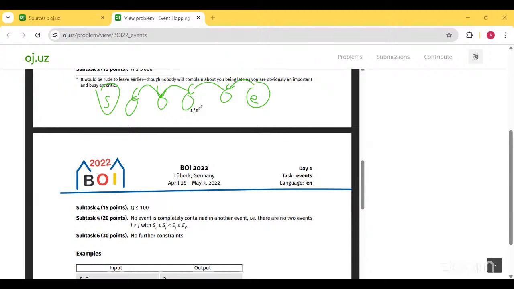Yes, just use binary lifting. So we can use a sparse table to store the first parent, second parent, fourth parent, eighth parent, and so on. And then just do binary lifting. All right.